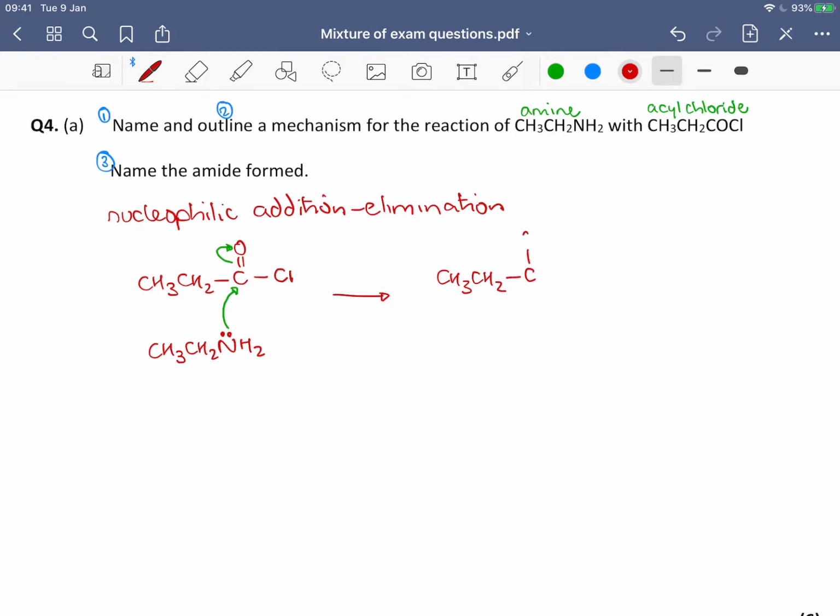So remember that the oxygen that the electrons have moved onto is now negatively charged because it's got more electrons than protons. We have to show the pair of electrons that moved onto it. We've still got the chlorine attached. This carbon's now attached to the nitrogen. That nitrogen still has the 2 hydrogens attached to it, and then it has the rest of the alkyl chain as well.